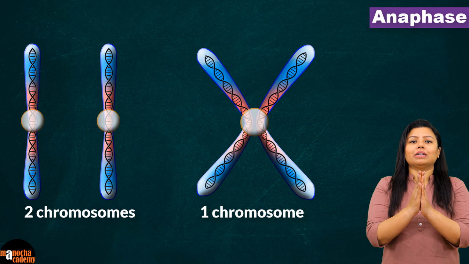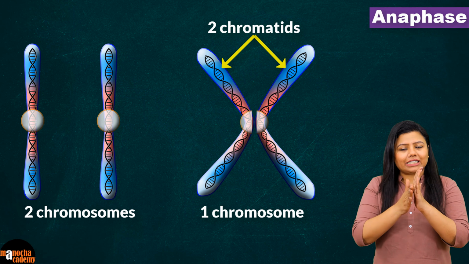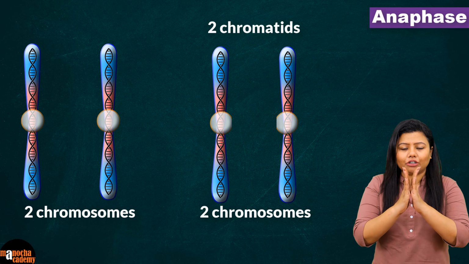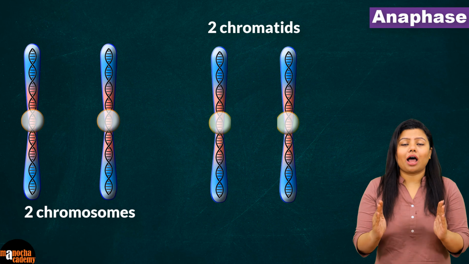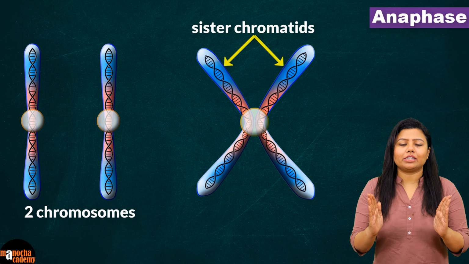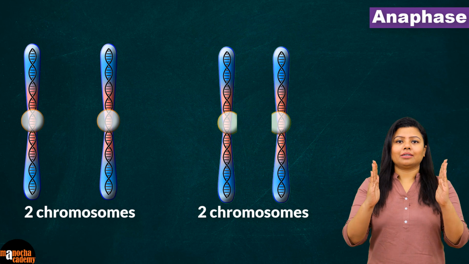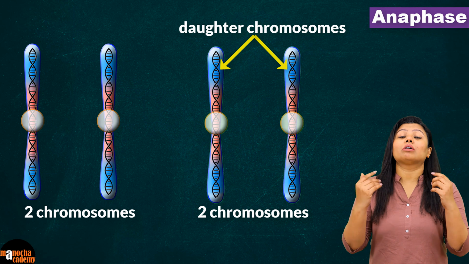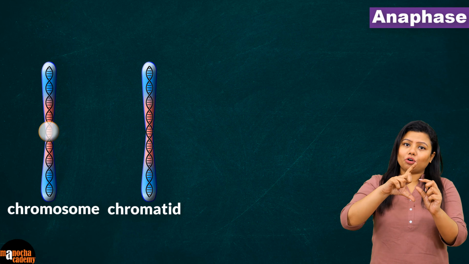Now each chromosome consisted of two chromatids. Now the centromere has been digested from the center, as a result of which the two chromatids separate. These two chromatids are known as sister chromatids when they are attached, right? Now when they separate, they form daughter chromosomes. We know that each chromosome contains one chromatid.